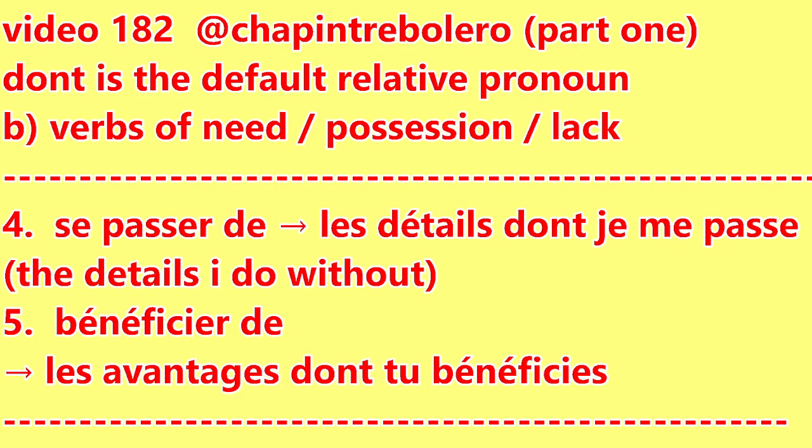It's no longer there. Les détails dont je me passe, the details I do without. So meaning the details I pass on, those details, right? So skipping or lacking them, okay?